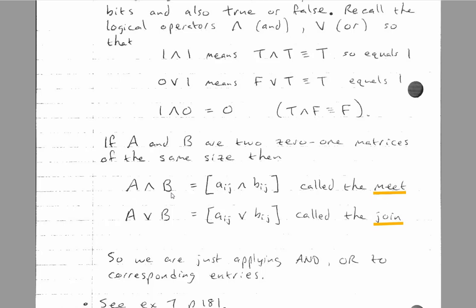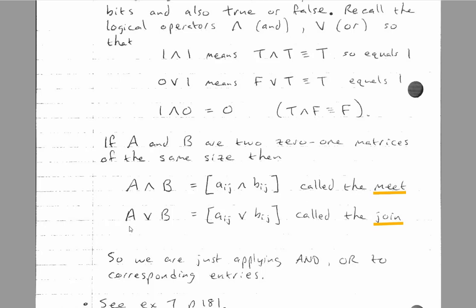So if you take two matrices, again, they have to be of the same size, just like when we were adding and subtracting. But this time, instead of adding and subtracting, we're using, well, here we're using and. Okay, so corresponding entries get anded together here. That's called the meet of the two matrices.